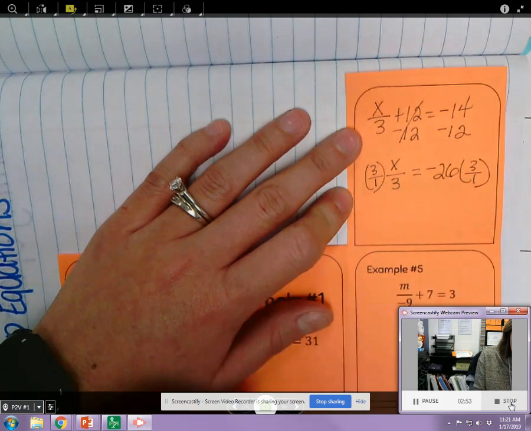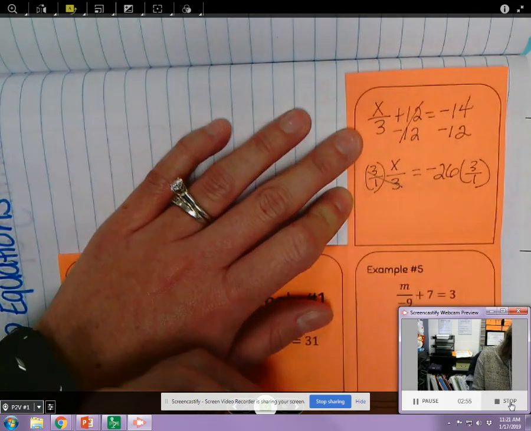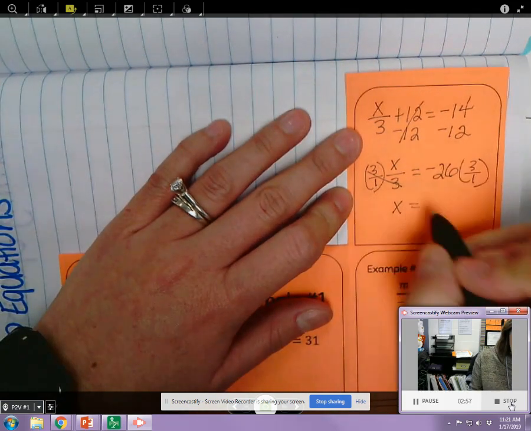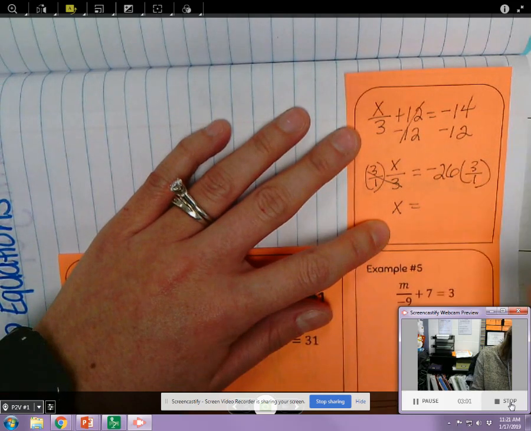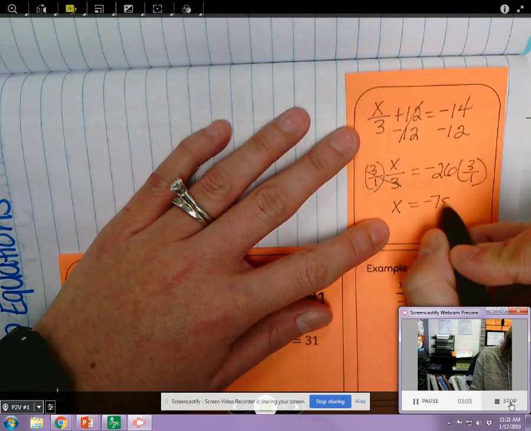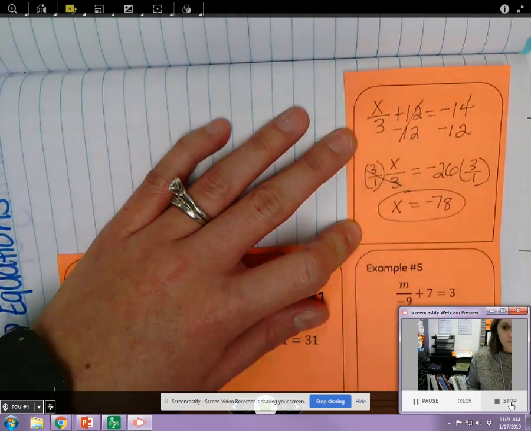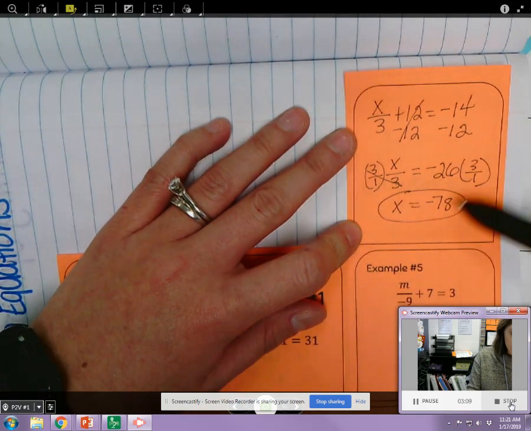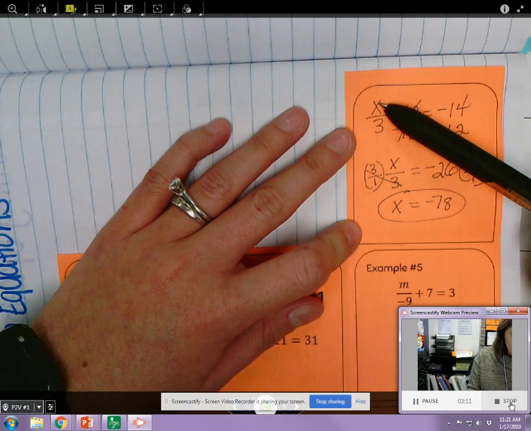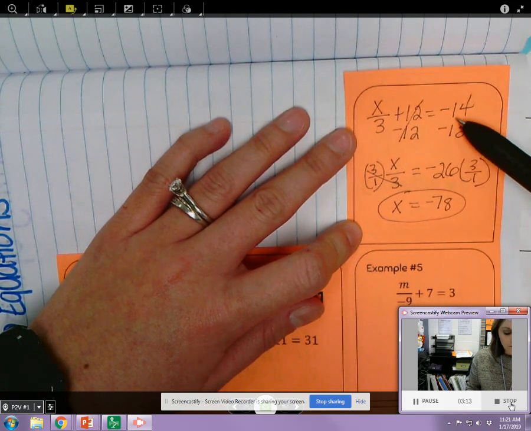So those cancel out, and I have x equals negative 26 times positive 3, which is negative 78. And then, of course, don't forget to check your work: negative 78 divided by 3 plus 12 will give you negative 14.